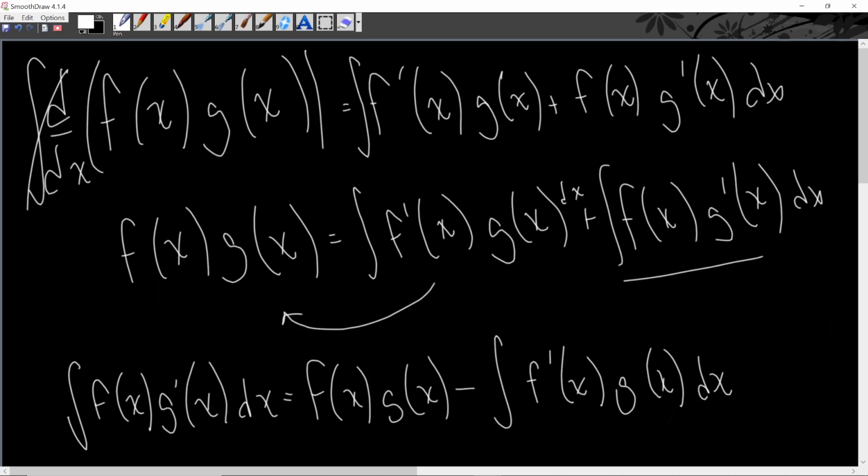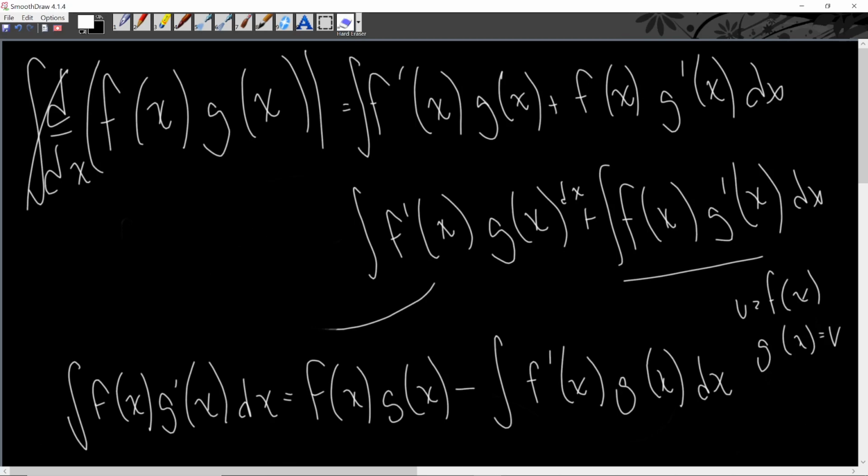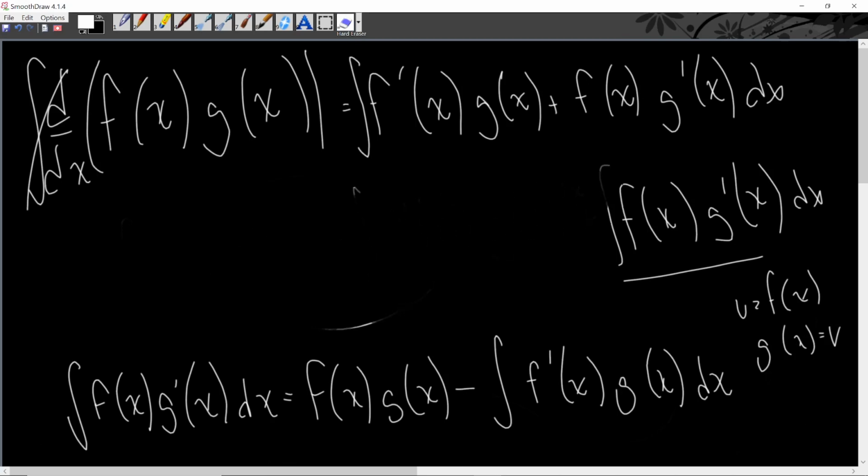But for right now, let's say that, just for the sake of brevity, u is equal to f of x and v is equal to g of x. We can describe all of this. f of x is going to be u, g prime x is going to be v prime.